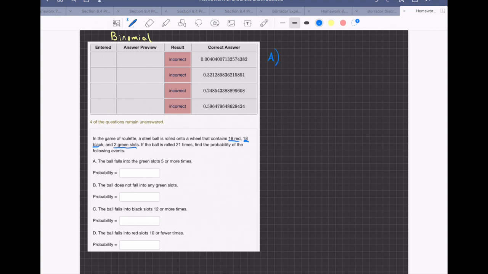notice here, we can think of this as a binomial distribution because the probability that the ball falls into the green is going to be 2 slots out of 18 plus 18 plus 2, 38, 2 over 38, and the experiment is repeated 21 times.